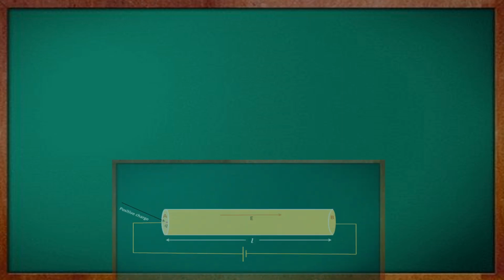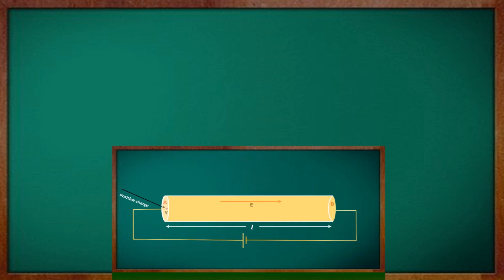So what is the total work done by the electric force on the charge Q? Just now we have seen it is W equals Fe L. Here I am bringing back the previous frame to visualize once again.